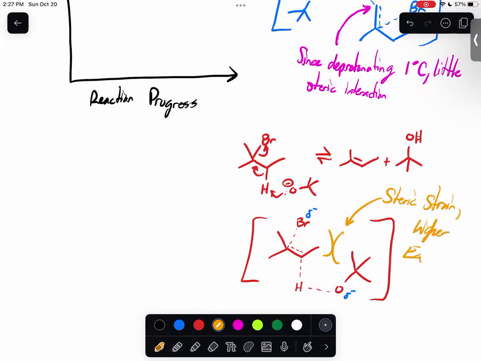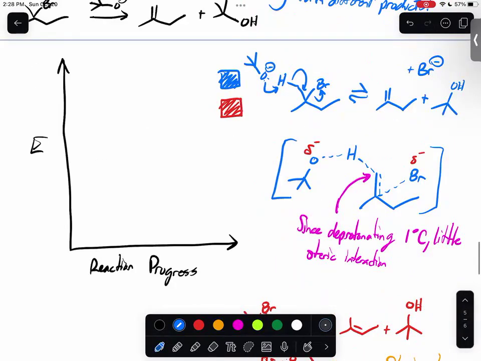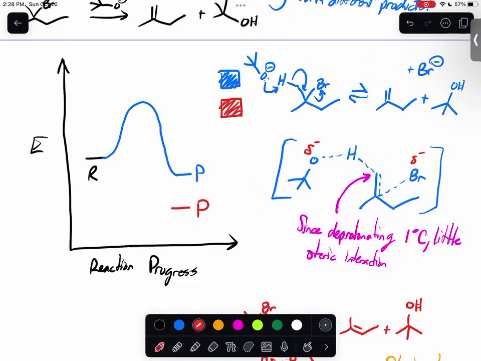So looking at these in terms of our reaction coordinate or energy diagram, they would both start from the same reactant energy. We know that the blue reaction ends up forming a less stable alkene, so its products are going to be about here, and the red reaction is more stable, its products are going to be about here. We also know, based on what we drew, that the blue reaction is going to have a relatively modest activation energy, but the red reaction is going to have a very high activation energy due to the steric bulk.